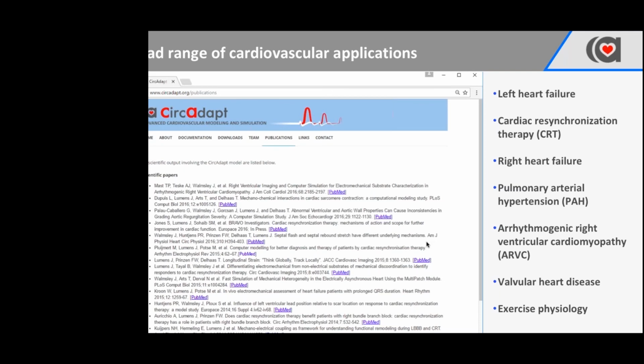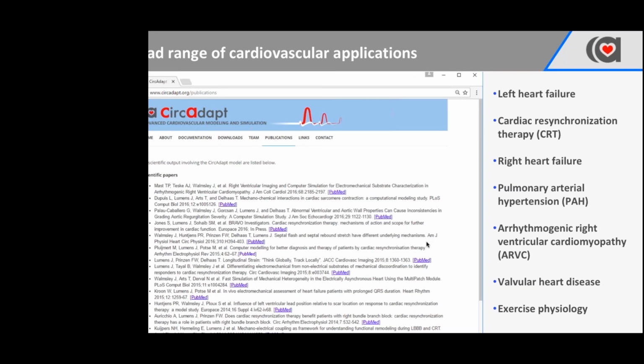But it shows you a broad application from left heart failure, cardiac resynchronization therapy, right heart failure, pulmonary arterial hypertension, including, for example, the effects of Potts shunt versus atrial septectomy.